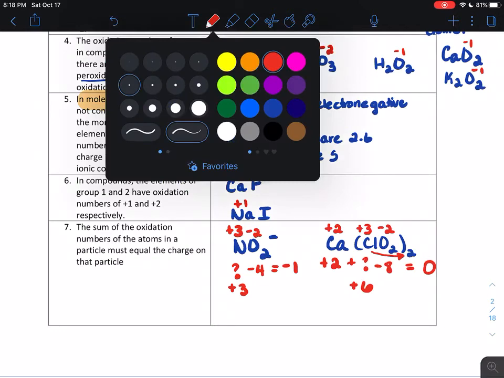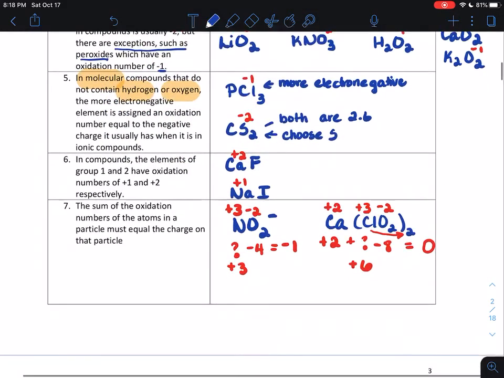Now, the second way of doing this is by actually splitting it up into its ions. So I've got Ca2+, and I have ClO2-. So again, using my oxidation numbers, +2, so I know that one, -2.